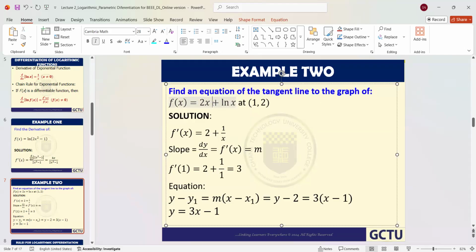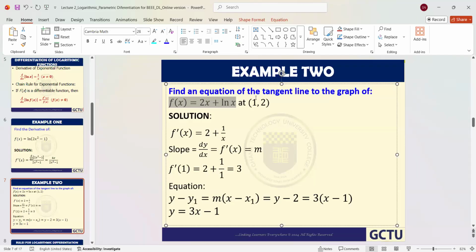So first of all, before we even start solving, what are they asking us to find? When they ask you to find the tangent line to a particular equation, that tangent line is supposed to be the slope. Let's find out how this function looks. Function of x is equal to 2x plus ln x.